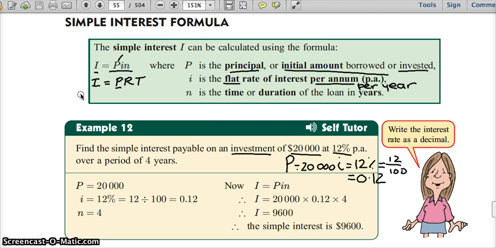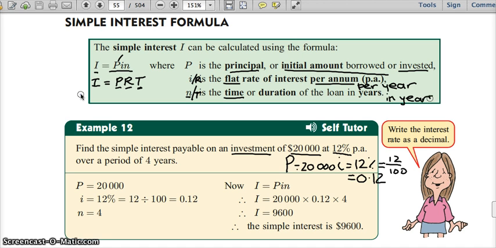And then your N, or as I call it T, the important thing here is it's time, but in years, or fractions of years.